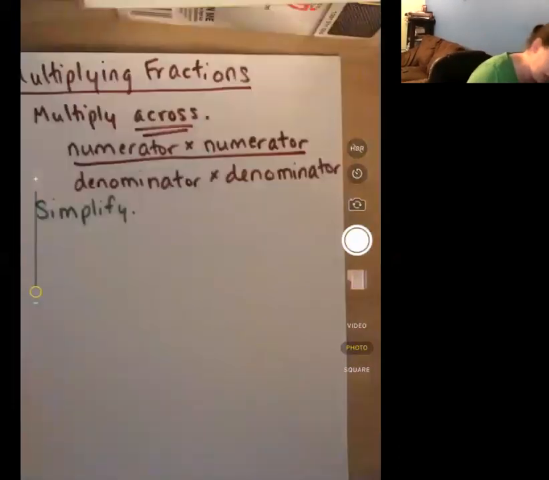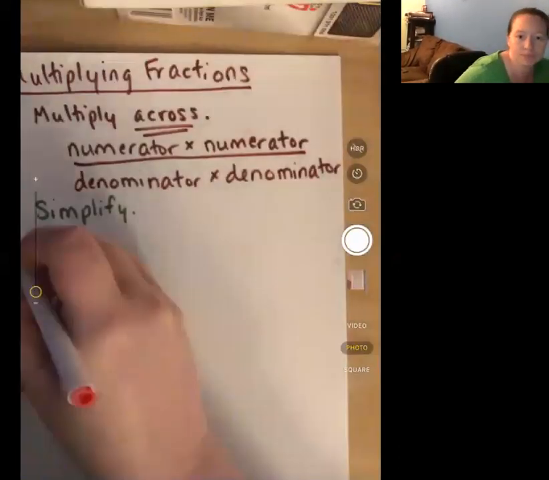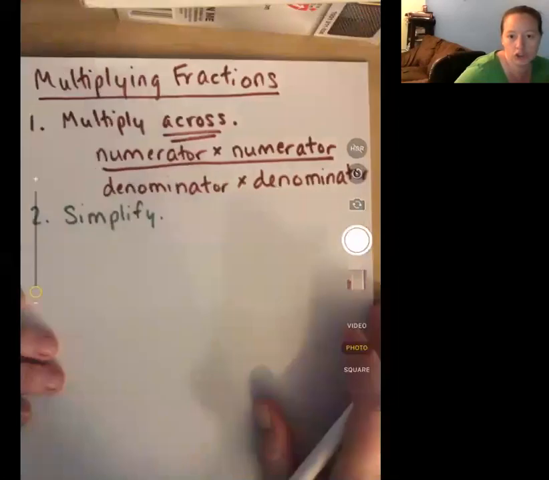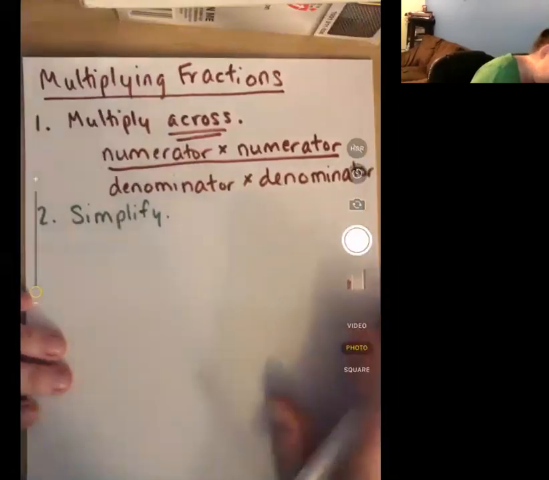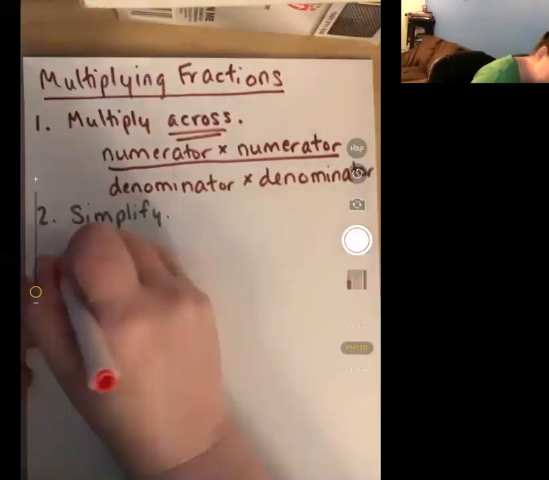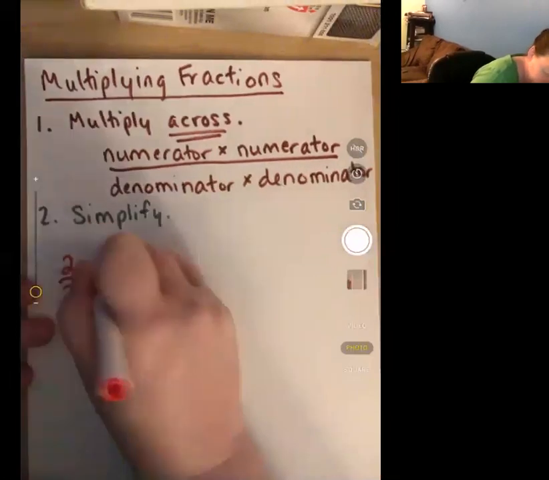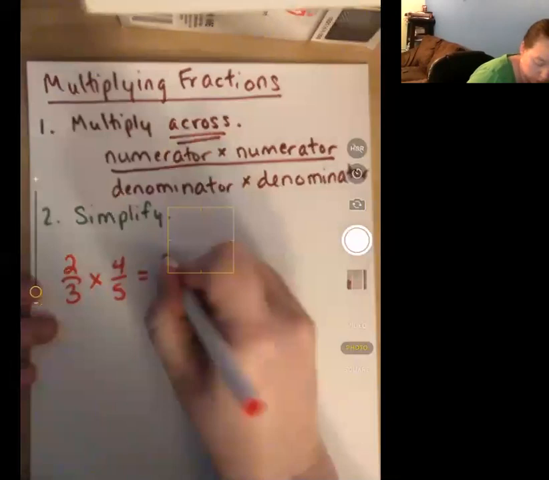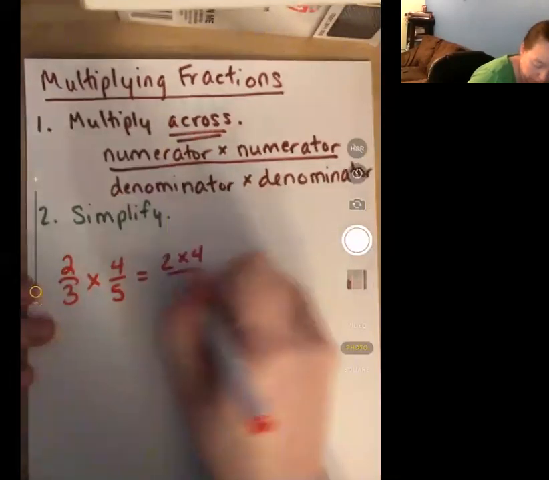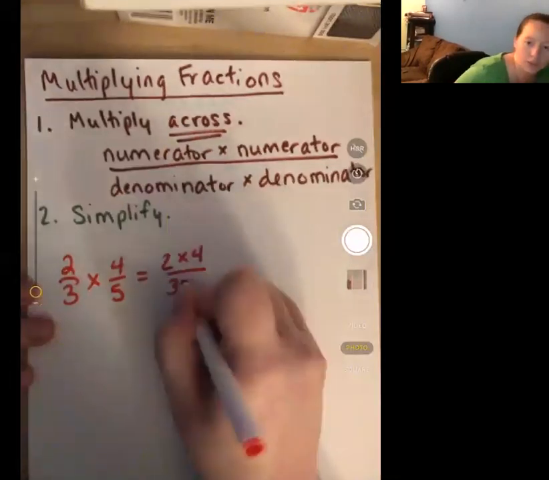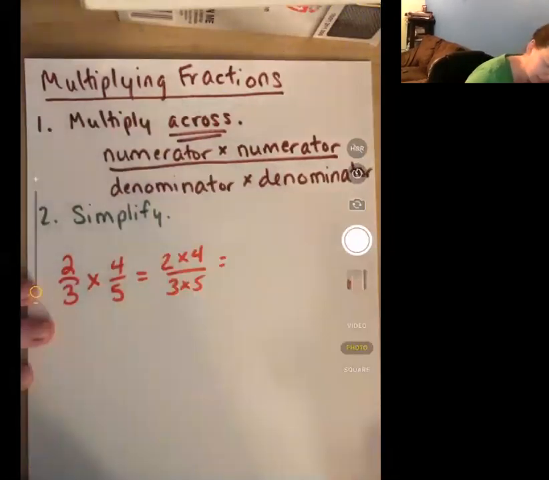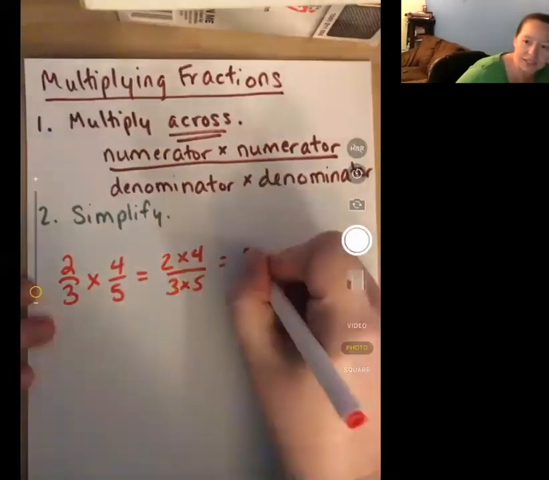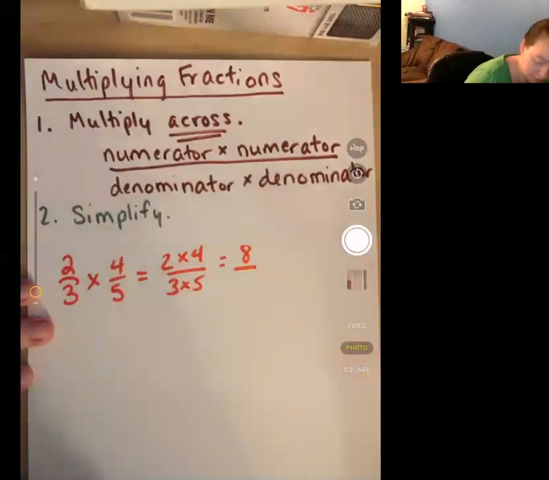So if I have 2/3 times 4/5, it literally becomes 2 times 4 over 3 times 5. 2 times 4 is 8. 3 times 5 is 15.